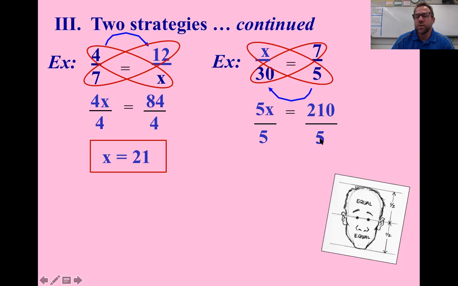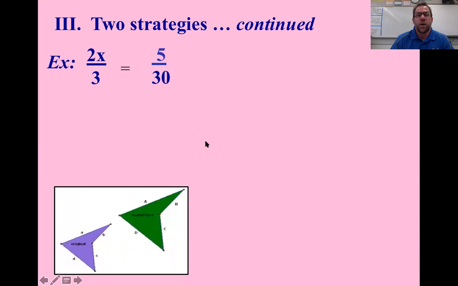And 210 divided by 5 comes out to 42, exactly what we just said. We said it was 42. Okay? All right, so on both of these examples, we saw that we could leapfrog to solve the problem. And then we also saw we could cross multiply.